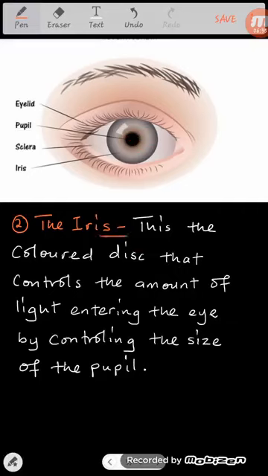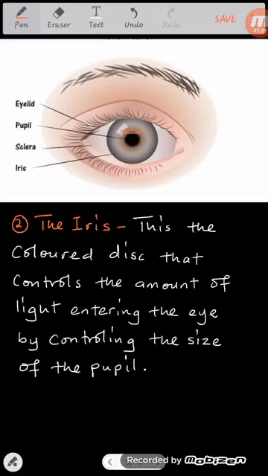Therefore, you must understand that the iris is the colored disc that controls the amount of light entering the eye by controlling or adjusting the size of the pupil. So we saw in the previous slide that the pupil is that opening that is found in the iris of the eye.